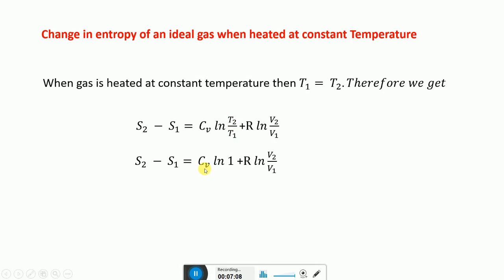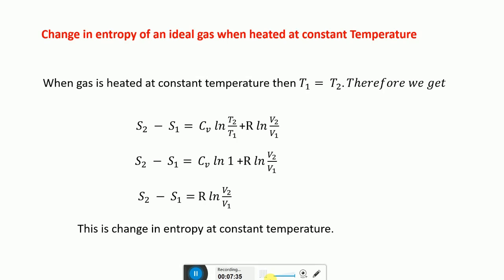So we get Cv log 1 plus R log V2 upon V1 as it is. Again log 1 is 0, therefore this equation is reduced to S2 minus S1 is equal to R log of V2 upon V1. So this is the change in entropy of an ideal gas when heated at constant temperature.